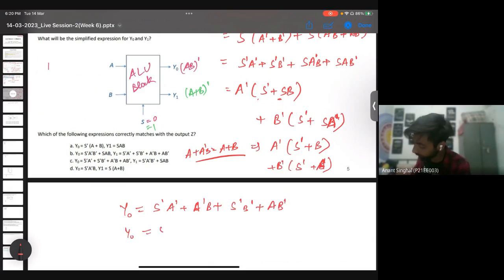So final y naught will be nothing but s bar a bar plus s bar b bar, and then a bar b, and then a b bar.